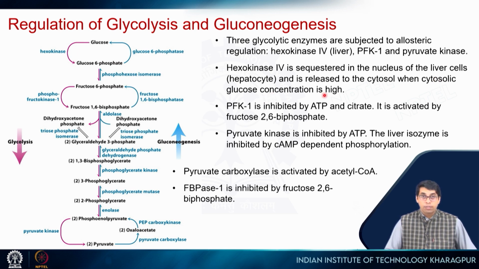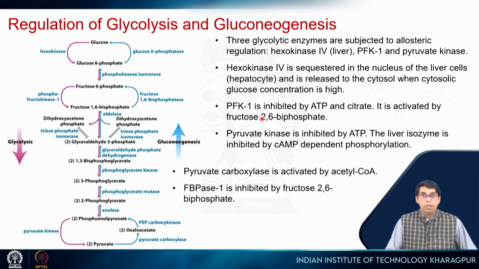So, when you had a healthy lunch and there is a lot of glucose in the cytosol, this enzyme will be released. Otherwise, there is a protein which binds to hexokinase and transports it into the nucleus so that it is not doing its reaction.